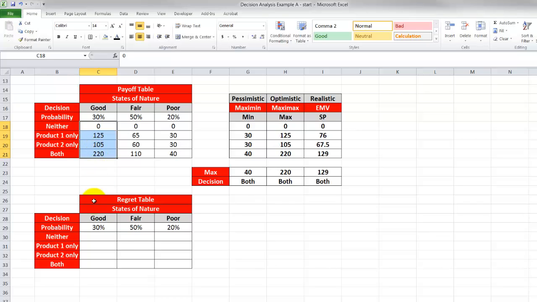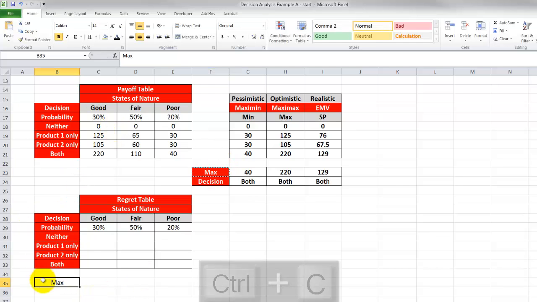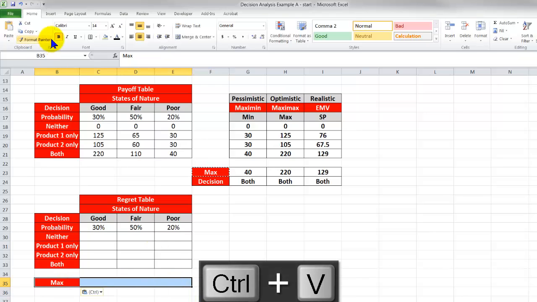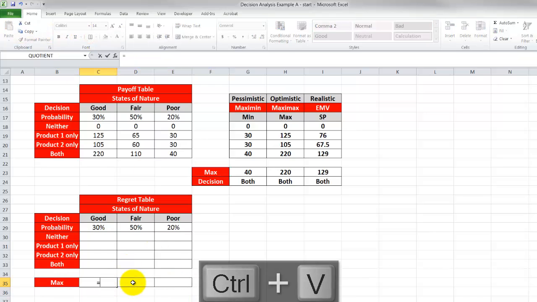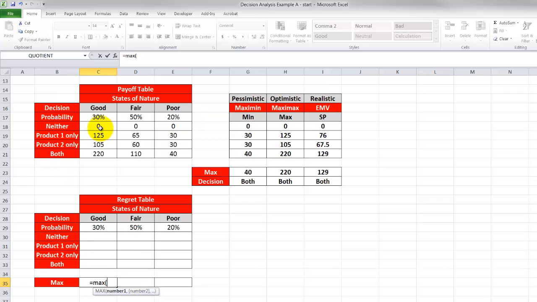So we could embed that calculation, or we could just calculate this field by itself, which might come in handy later. So I'm just going to calculate the max of these four values and fill that over to the right.